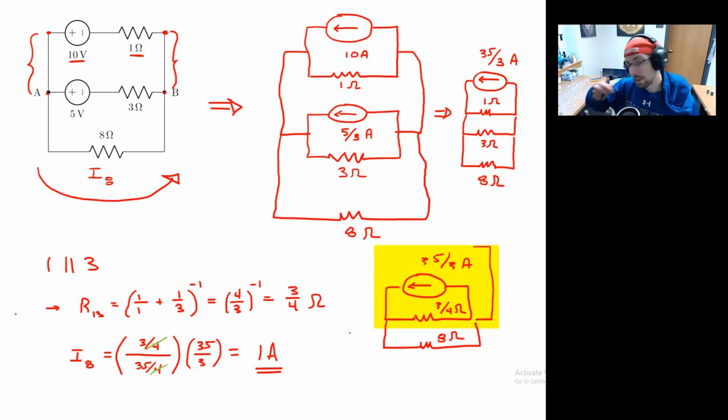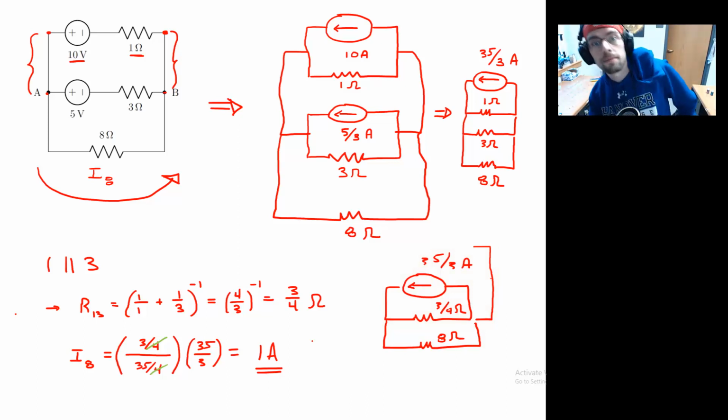You could have done a source transformation back to a potential supply, and then you would have had 2 resistors in series, and then you could have added those. So right here, I decided to just do the current divider, but you could do a source transformation back if you wanted to. Multiple ways to skin this cat.